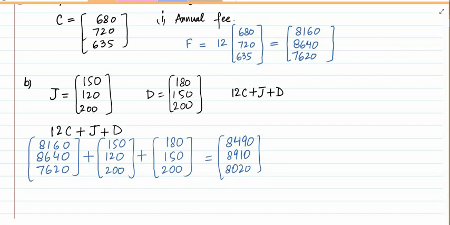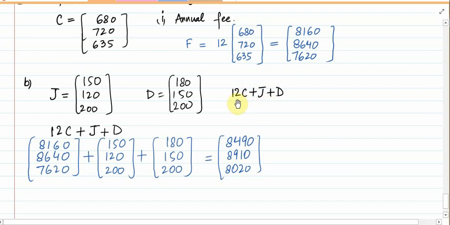Now further it asks what this matrix represents. What this matrix represents is basically the total cost plus an additional cost. If a child enrolls in a school and also participates in the additional programs, he or she will bear the total sum of these fees for the whole year, right?